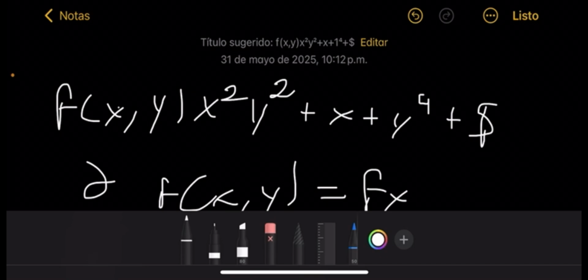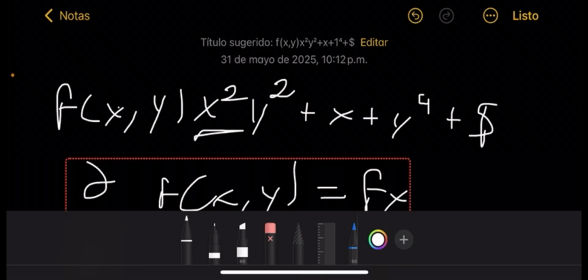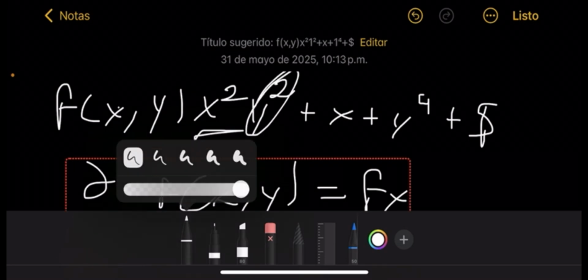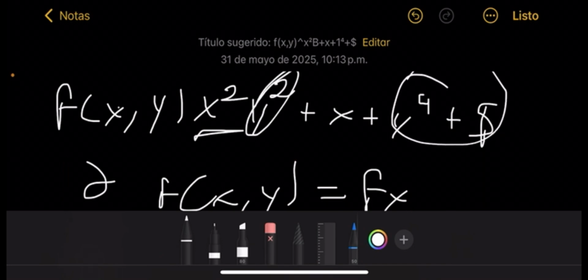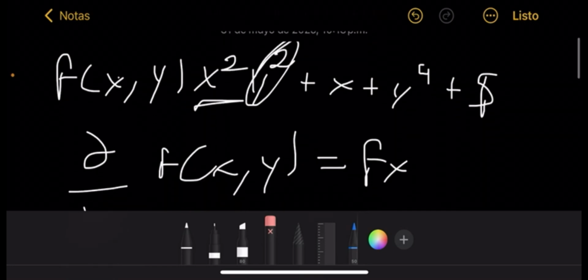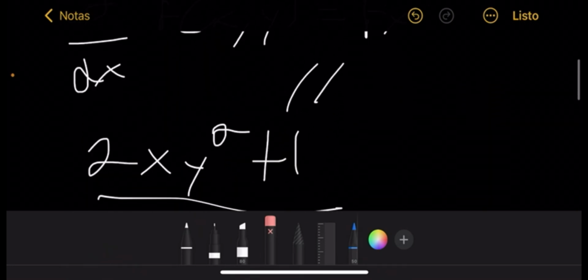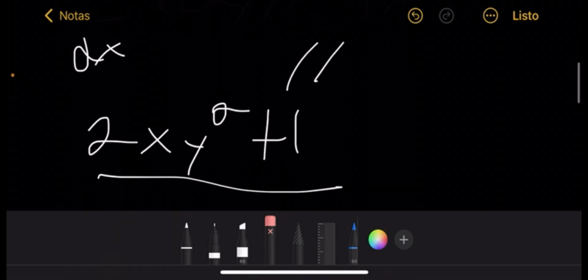When we have a multiplication, we use this rule over here, and the other thing we leave like that. We have the derivative of x squared is 2x times y squared plus x, and the derivative of x equals 1. And this one over here, we treat it like it's constant. That's why we have these results right here.